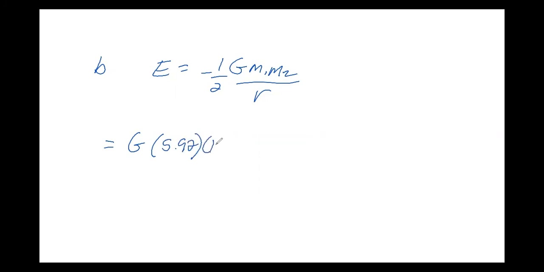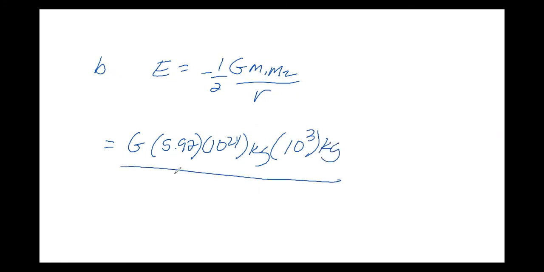So from equation 13.13, we have E equals negative 1/2 times G M1 M2 over R. If you fill in that blank, we have G times the mass of the Earth, 5.97 times 10 to the 24th kilograms, times the mass of the satellite, 10 to the 3rd kg, divided by 2 times 6.67 times 10 to the 6 meters.